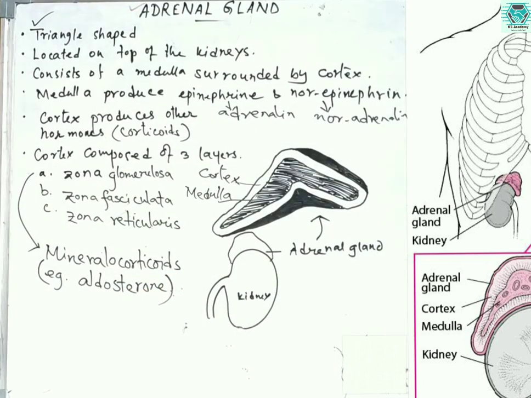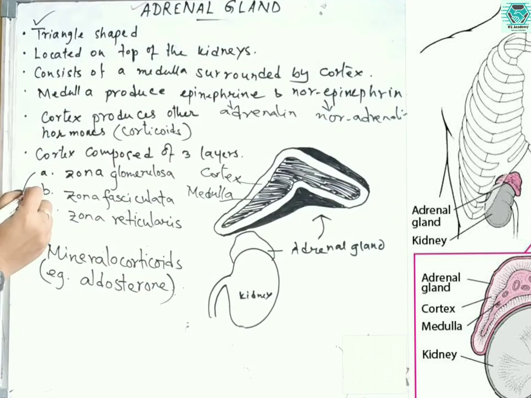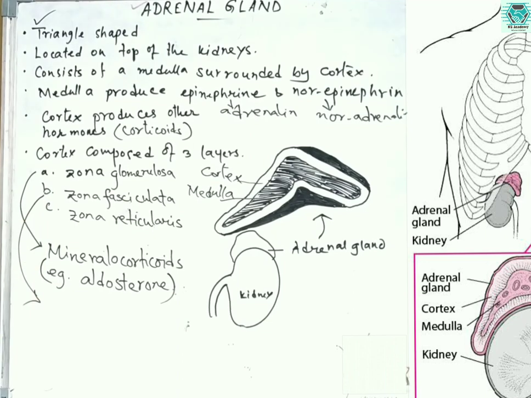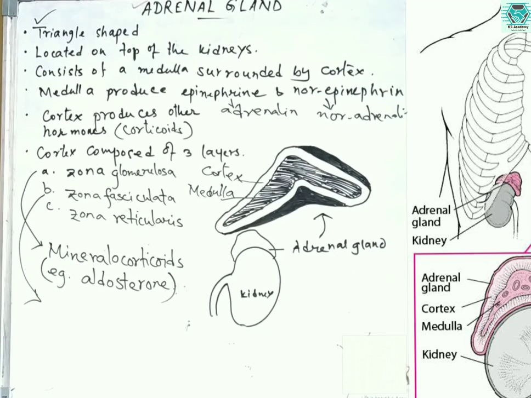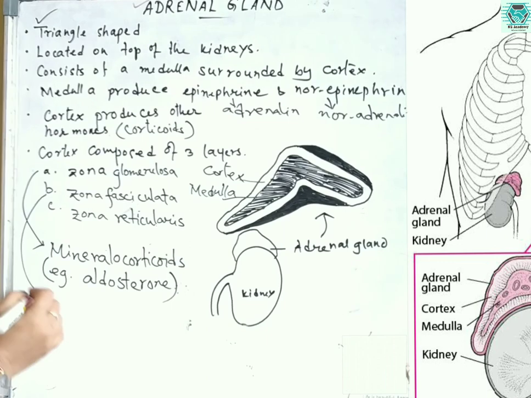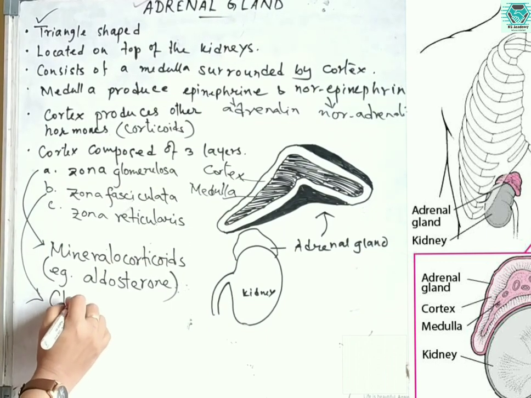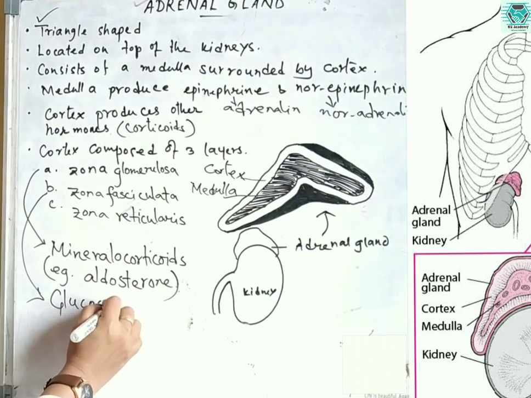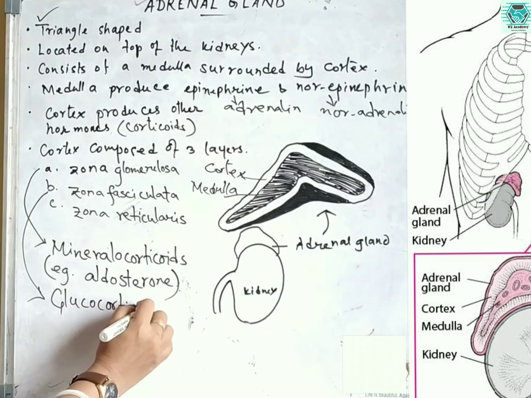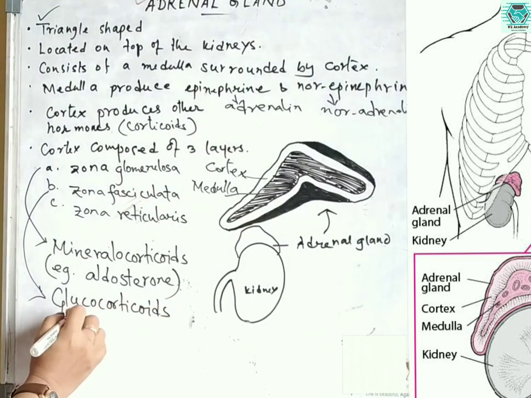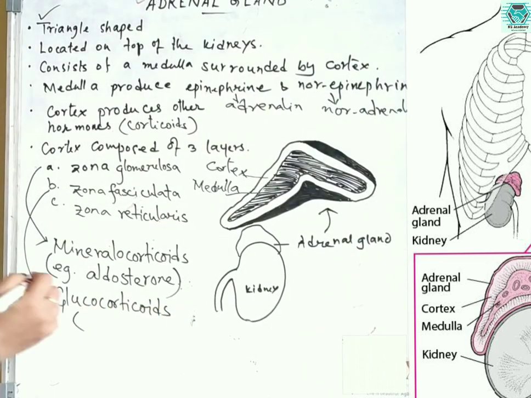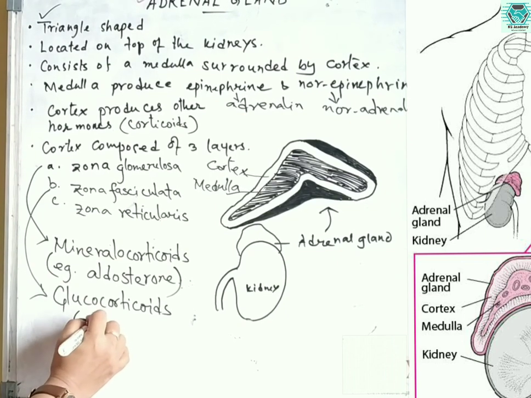Now the middle cortical layer, which is known as zona fasciculata. The zona fasciculata releases glucocorticoids. And the best example is cortisol.